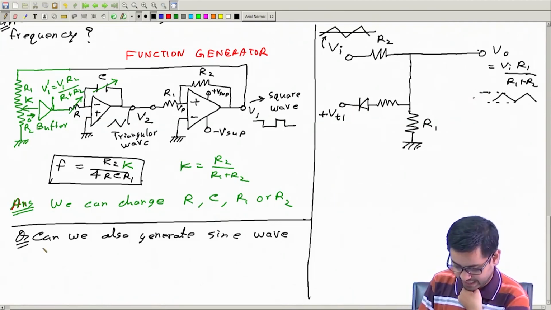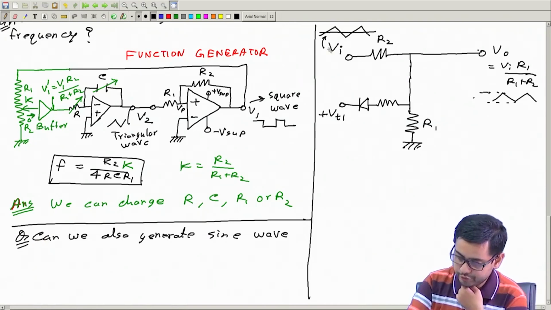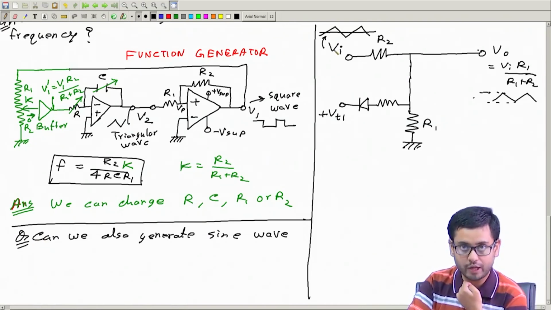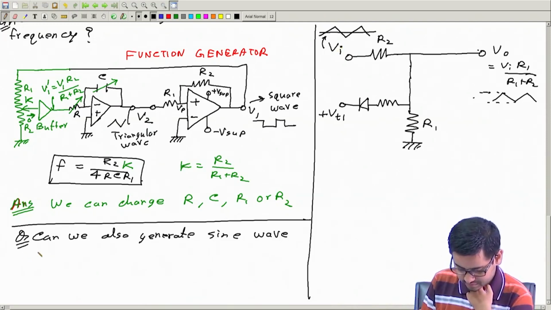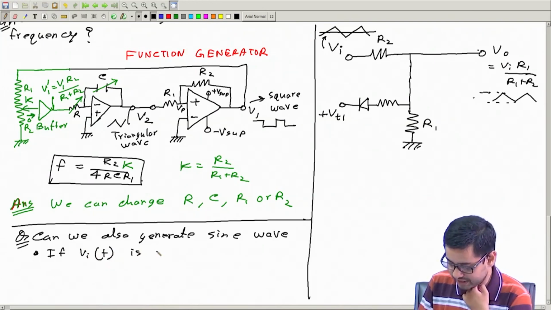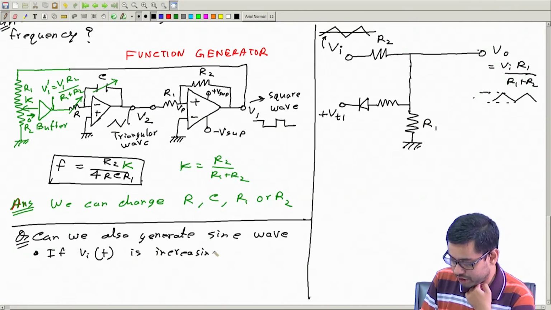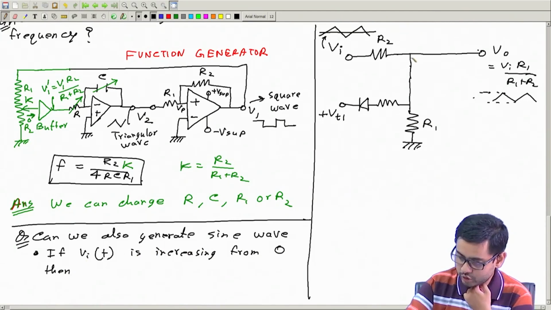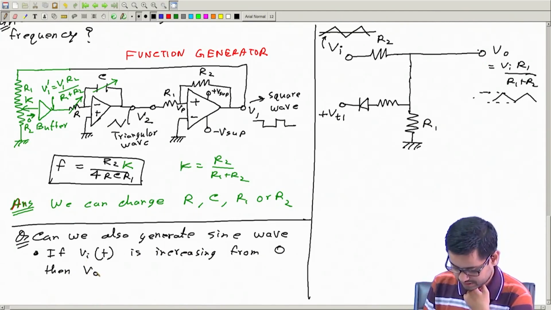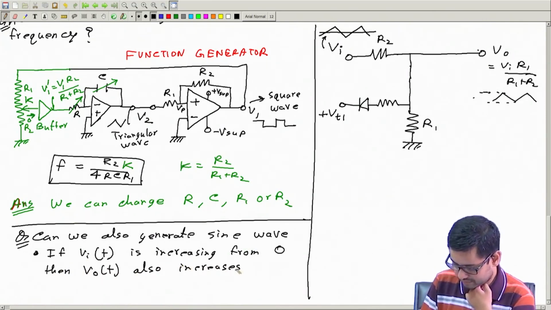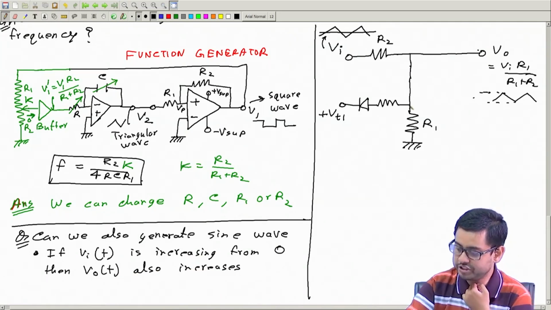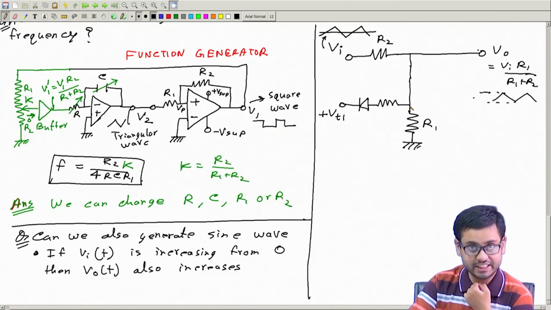Now, you observe that if Vi is increasing slowly from the value of 0, then this Vo will also increase. So, this voltage Vo, which is also the same voltage here, will also increase, but initially it is 0.